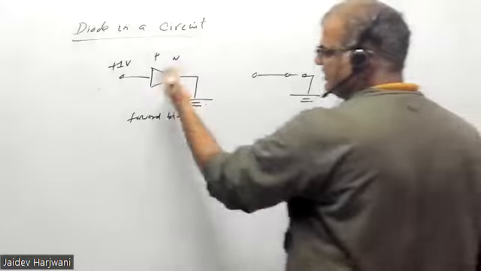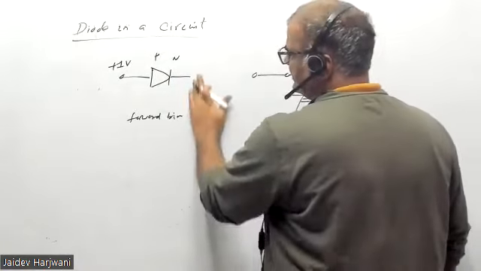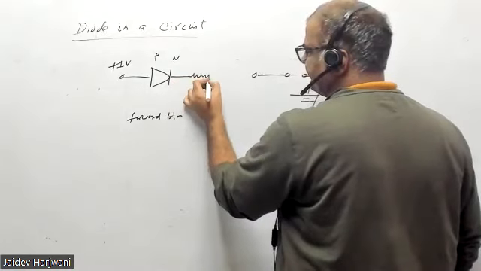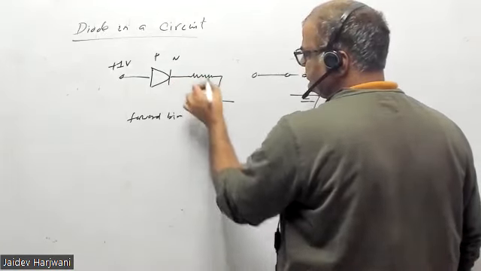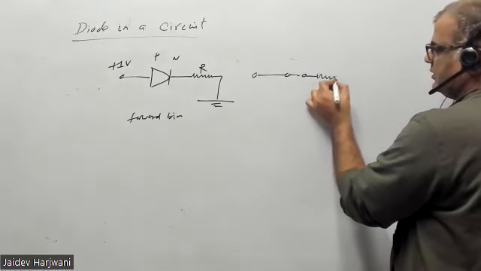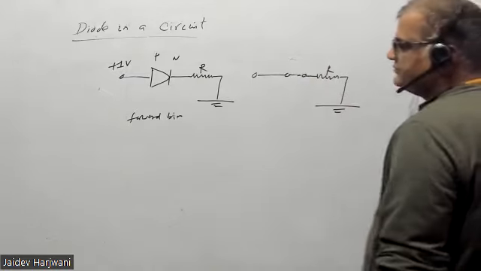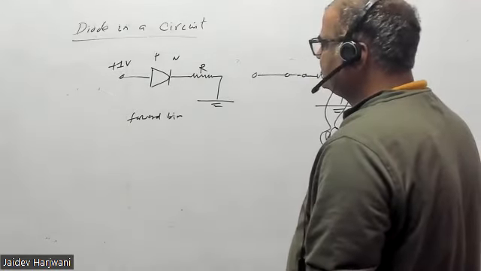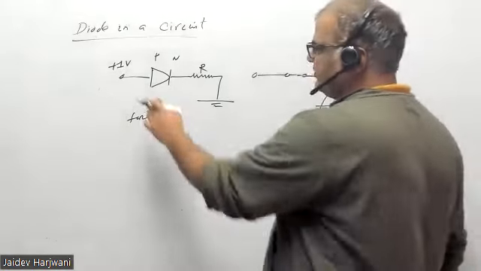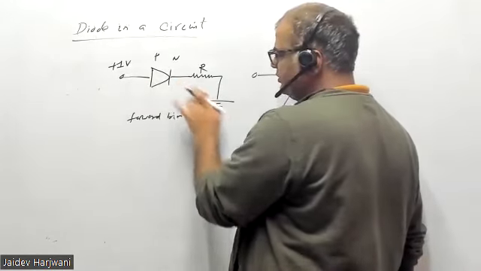Of course, some resistance will be there. Let me put a resistance also here, resistance R. If no current is flowing, this part is 0.